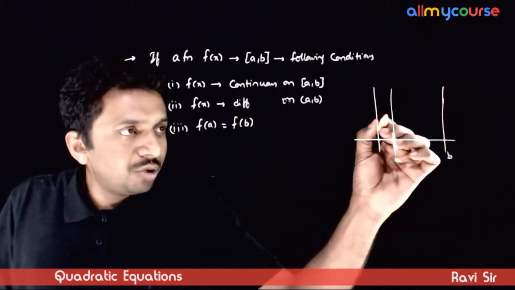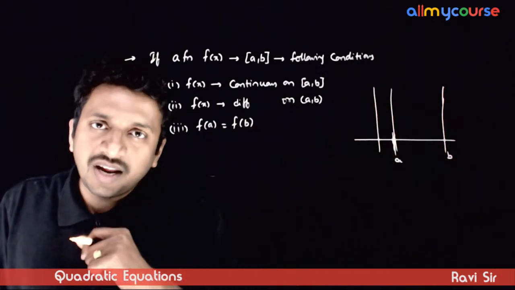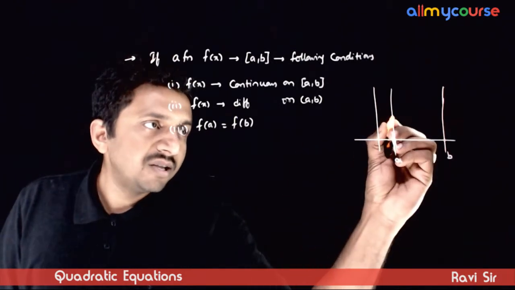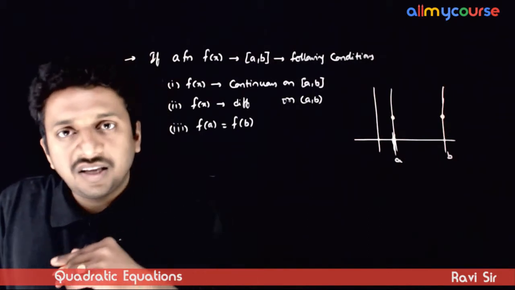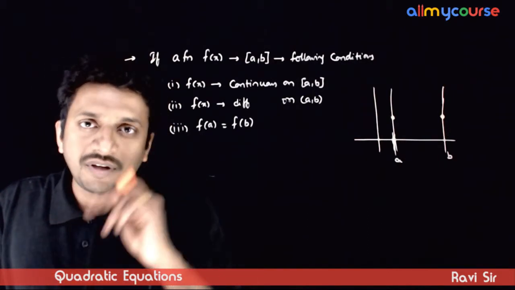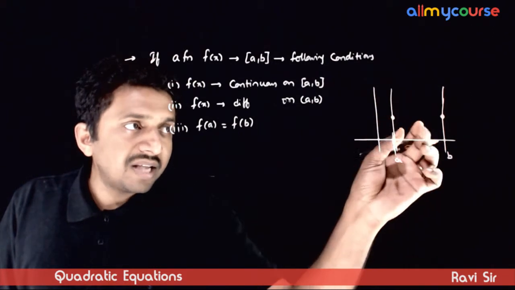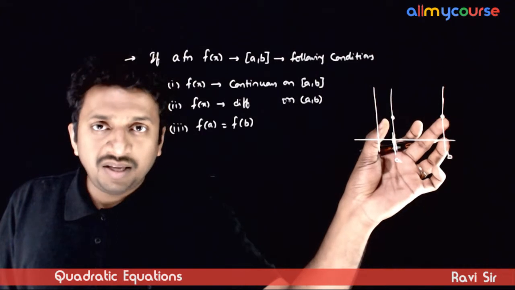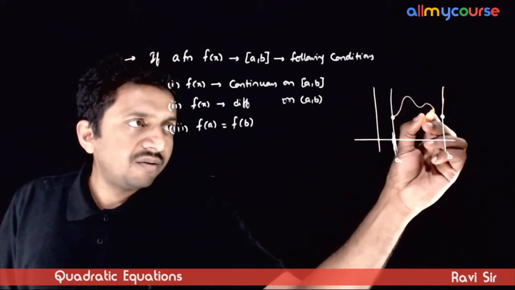That means there should not be any sharp edges between a and b. And f of a has to be equal to f of b. That means if this is the point f of a, f of b should also be exactly equal to f of a. Now a function has to be continuous and differentiable in this interval, with f of a being equal to f of b. So let us draw a sample curve which looks like this.